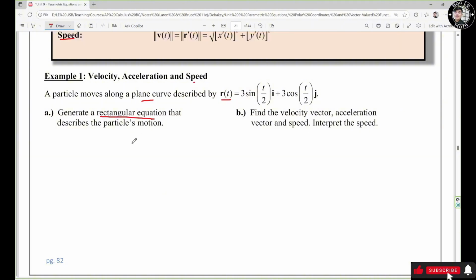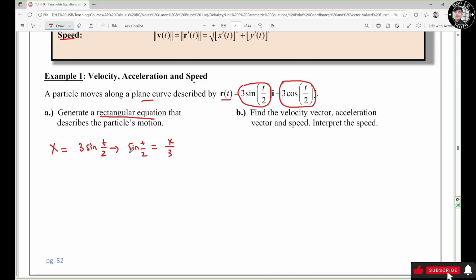Alright, so you know that this is the x component, and this is the y component. So I have x equals 3 sine of t over 2. Then sine of t over 2 equals x over 3.